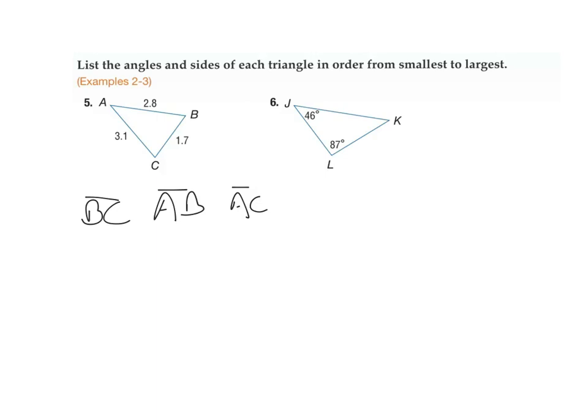Well, here's the smallest side, that must be opposite the smallest angle, so angle A must be the smallest. Middle size 2.8 must be opposite the middle angle, so angle C. Biggest side 3.1 must be opposite the biggest angle, so angle B. And there's all you need to do as far as putting the sides and the angles in order.